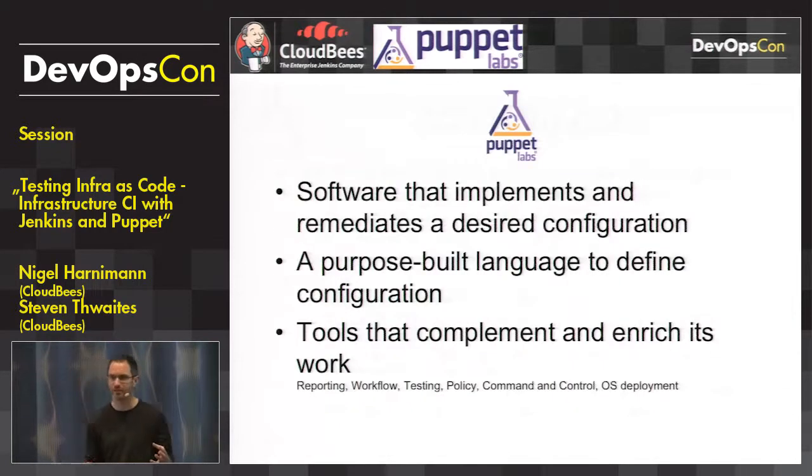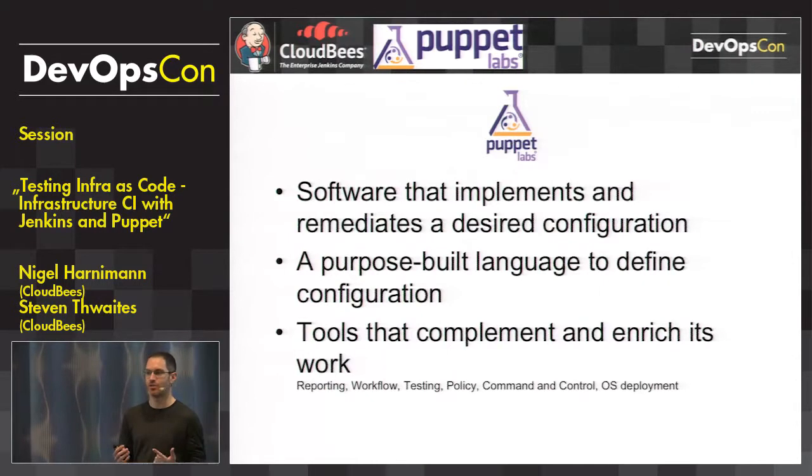But what is it really, for anyone who hasn't used it yet? It boils down to being a piece of software that understands state on a system and can take steps to configure and remediate configuration on a system. So you've got that piece of software. But also you've got the language, which is basically the model of configuration of a system that complements that.